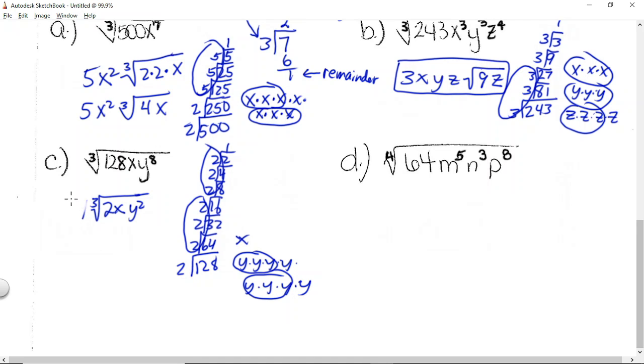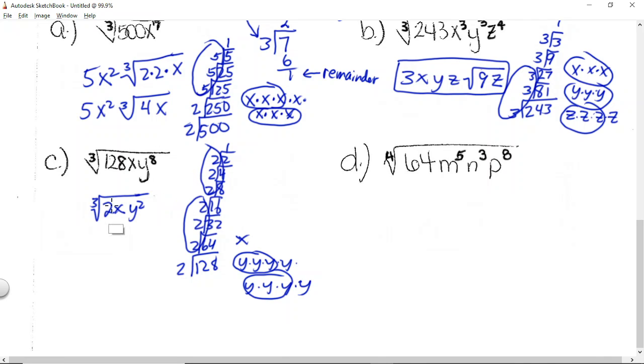So outside the radical, yes, we do have 4, but we have more than that. We have that 4 that came from 2 times 2, because we have a 2 from that group of 3, and also the other group of 3 gives us another 2.